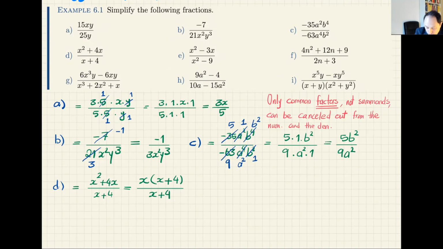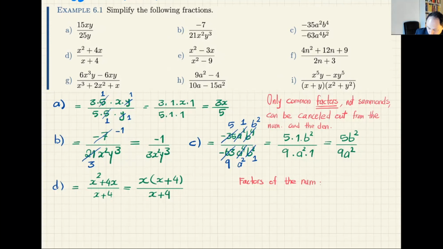Okay, now I ask you, what are the factors of the numerator? So let me write it here. Factors of the numerator. What are they? Name them. Like x and bracket x plus 4.